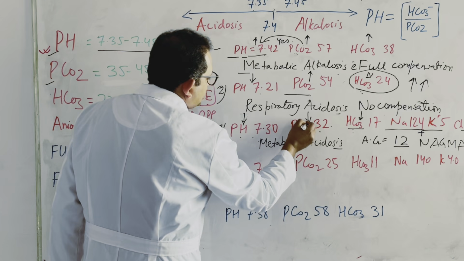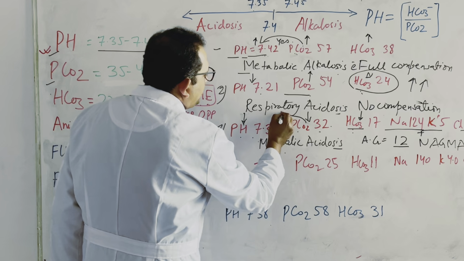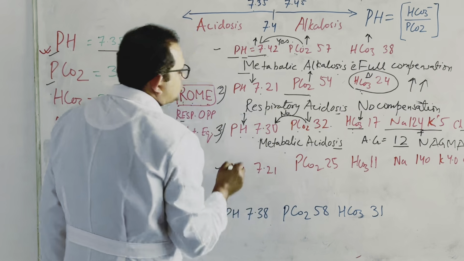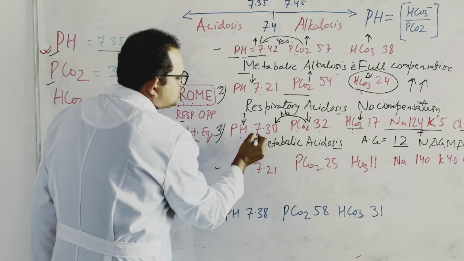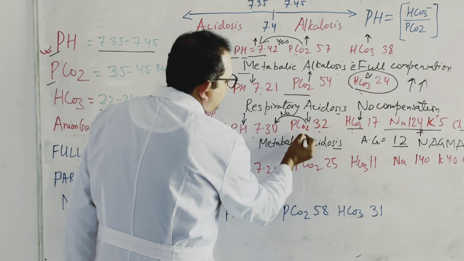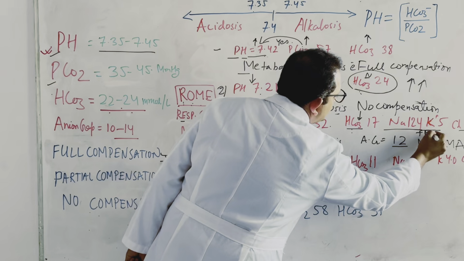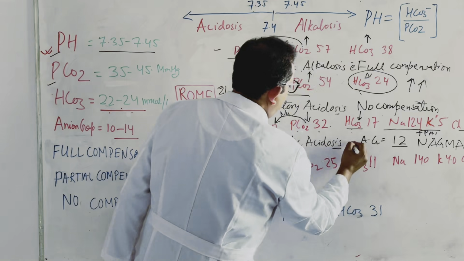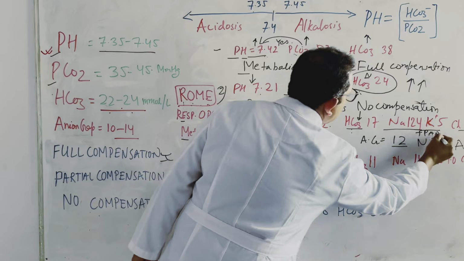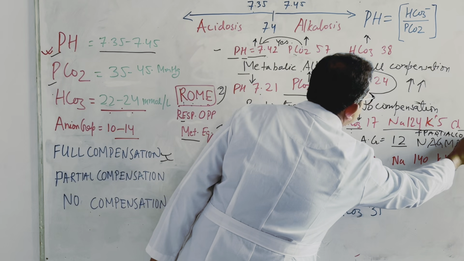But has it brought the pH to the normal range? No. The pH is not in the normal range, but the compensation is going on. That means it's a partial compensation.